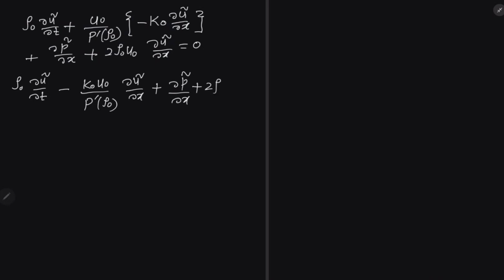Still, it is not as simplified as we like. Rho naught partial u tilde by partial t minus k naught u naught p dash rho naught, it should be partial u tilde by partial x, plus partial p tilde by partial x plus 2 rho naught u naught partial u tilde by partial x is equal to 0.